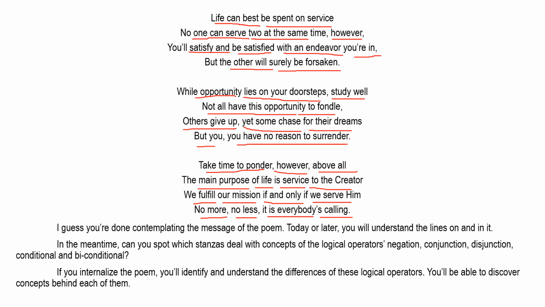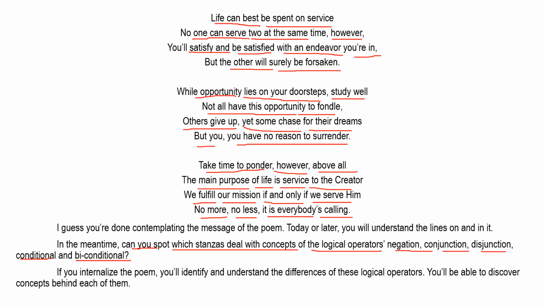I guess you're done contemplating the message of the poem. Today or later, you will understand the lines on and in it. In the meantime, can you spot which stanzas deal with the concept of logical operators: negation, conjunction, disjunction, conditional, and biconditional?